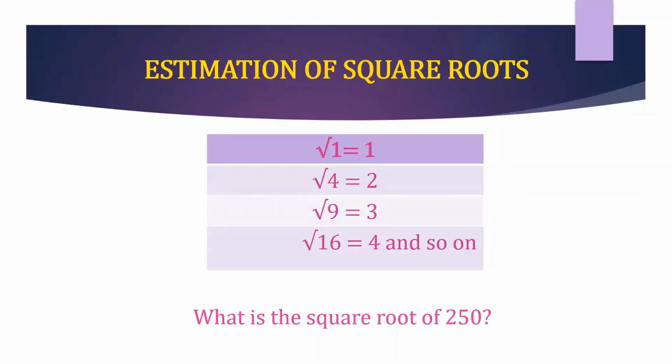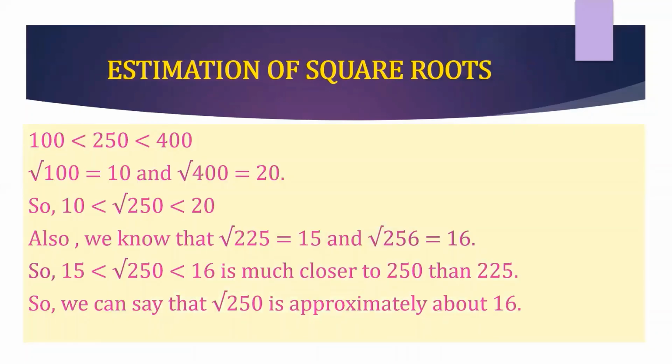For the number 250, we know that 250 is greater than 100 and it is smaller than 400. Here I have taken the numbers 100 and 400 because I know that these two are perfect square numbers.